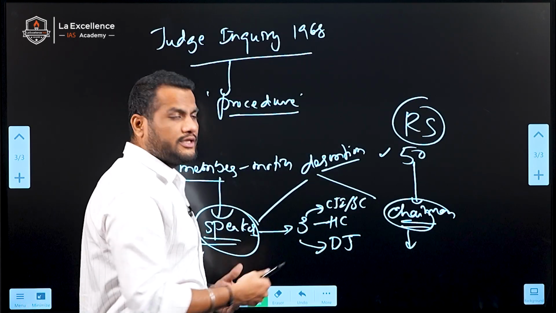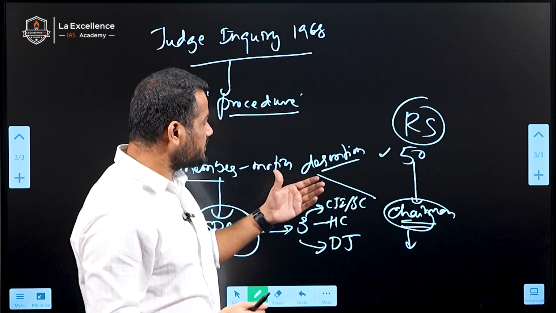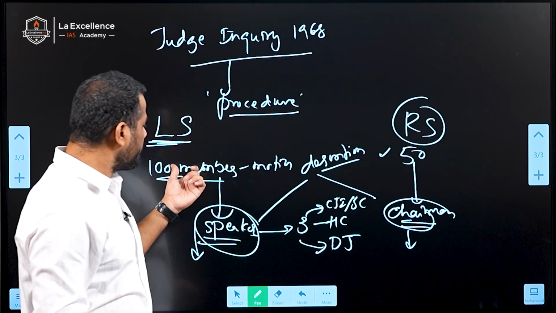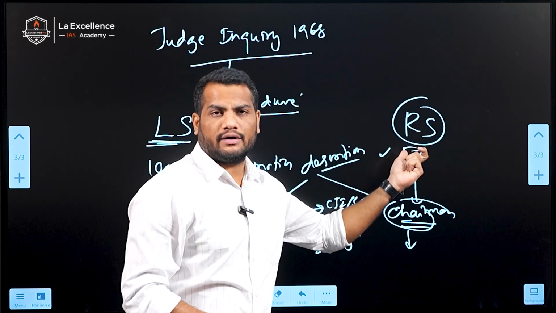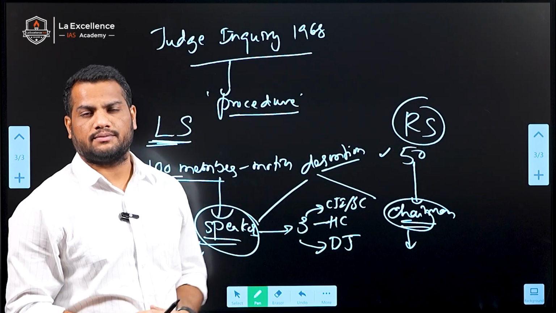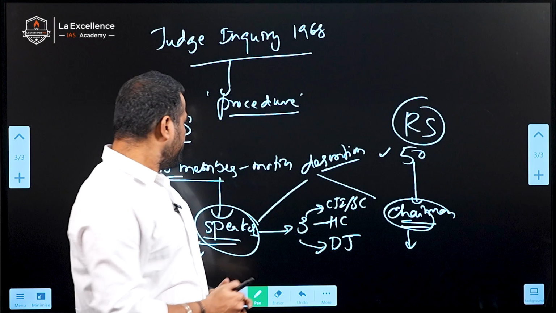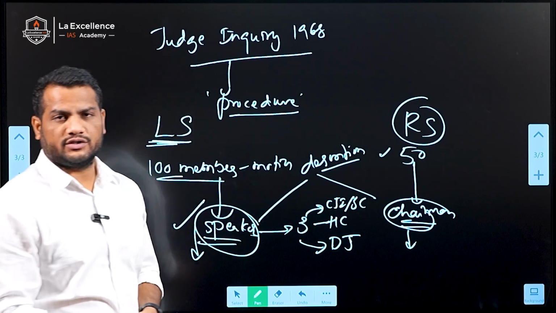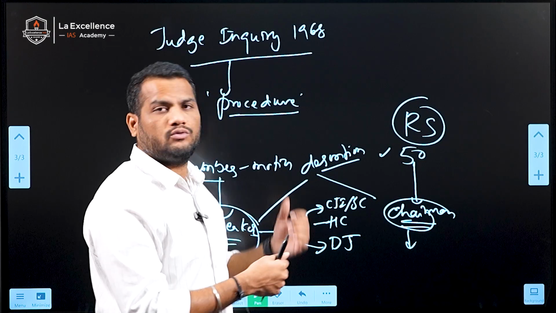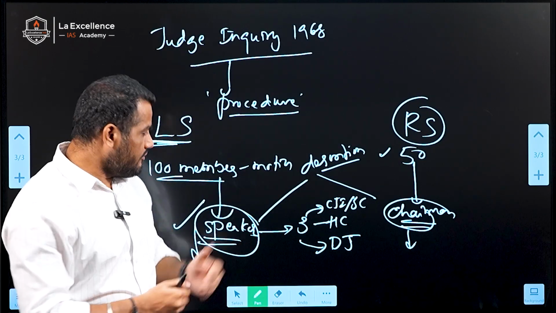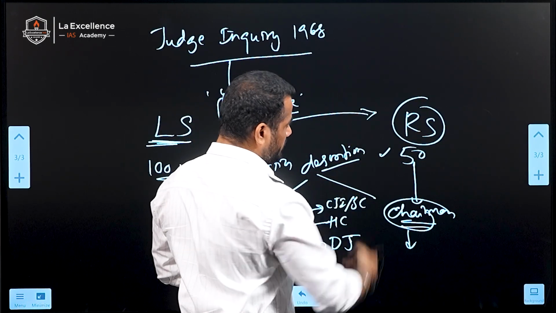The discussion goes on in the Parliament, in both houses. If it originated in the Lok Sabha, it happens in the Lok Sabha. If it originated in the Rajya Sabha, the discussion happens in the Rajya Sabha. If the Lok Sabha passes the resolution with a special majority, we already discussed what a special majority is, it will be forwarded to the Rajya Sabha.